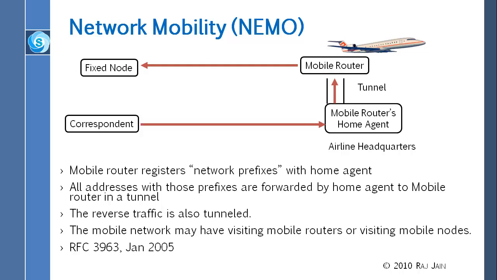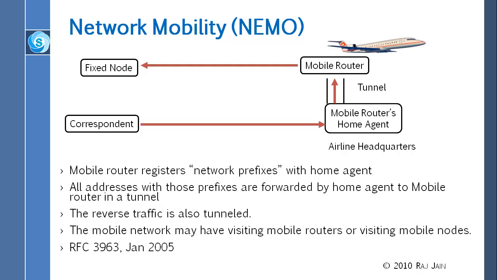So think about, let's say, an airline. I want to talk to somebody who is on American Airlines flight number 1523. So we just send it to the American Airlines network, and that router has now gone. The flight is now connected in Minneapolis rather than in St. Louis.